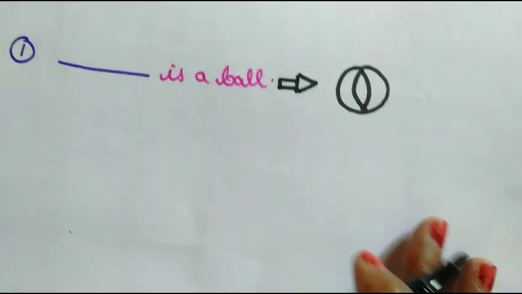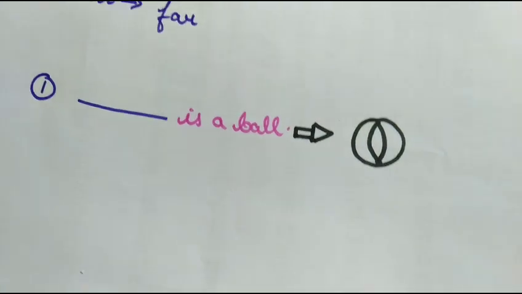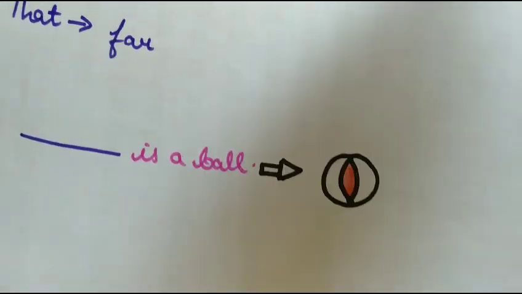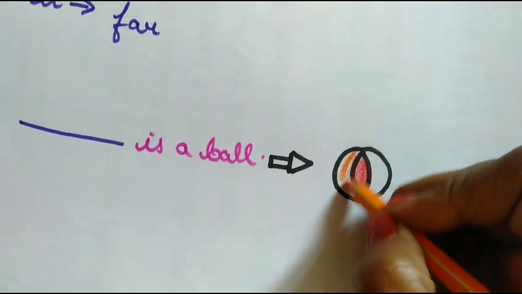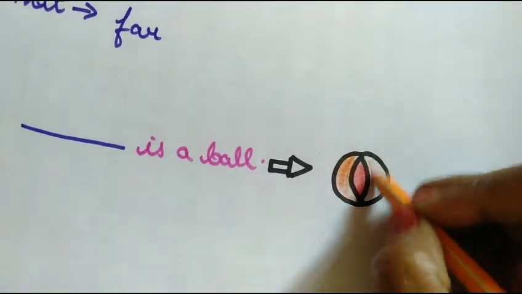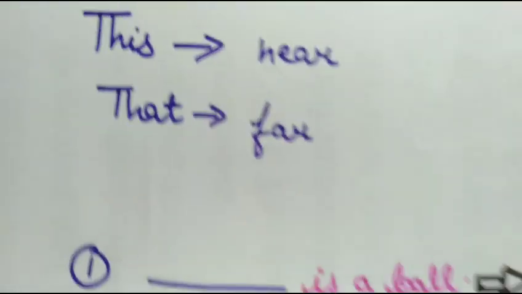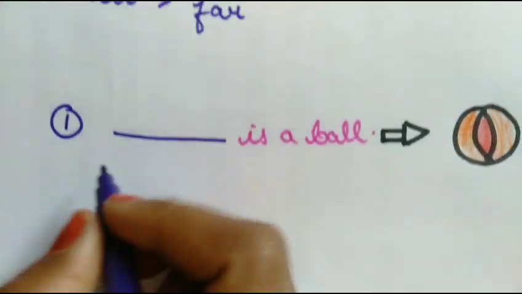So you all can see here I have taken one example. Now let's color it. Let's take one more example. Then I am going to tell that when to use this and that.